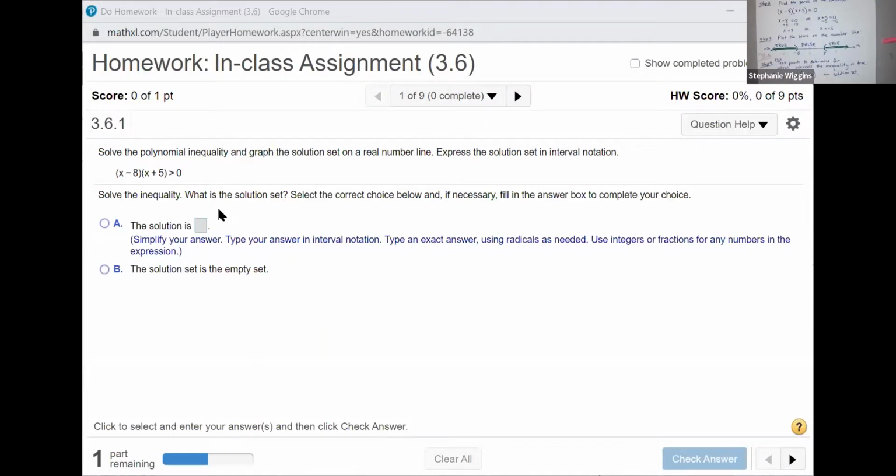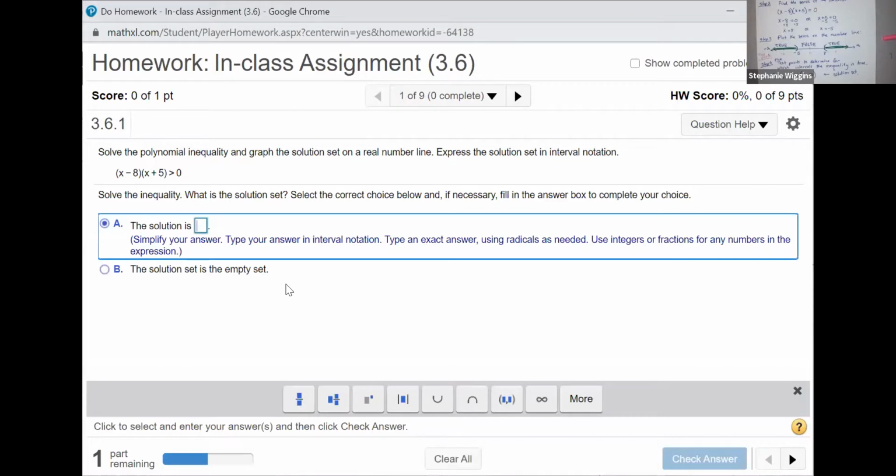So going back to the assignment, I fill this in. Here's the union symbol right there. And we're going from 8 to infinity.